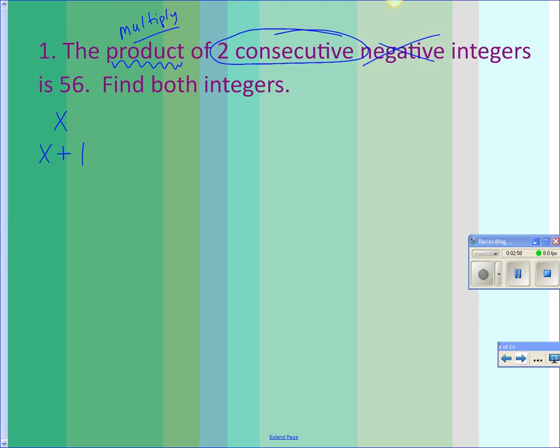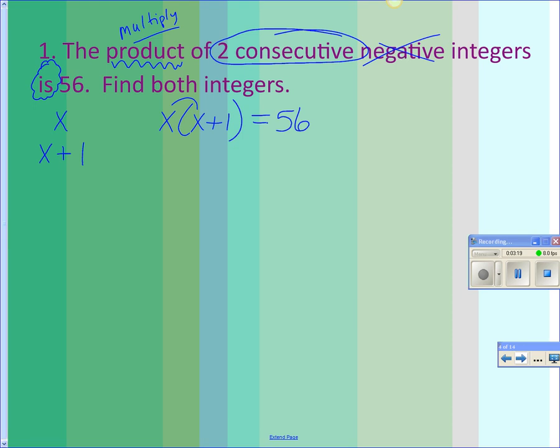Okay, so I need to multiply x and x plus 1, because it said product. And then what do we do for is 56? Equals 56.